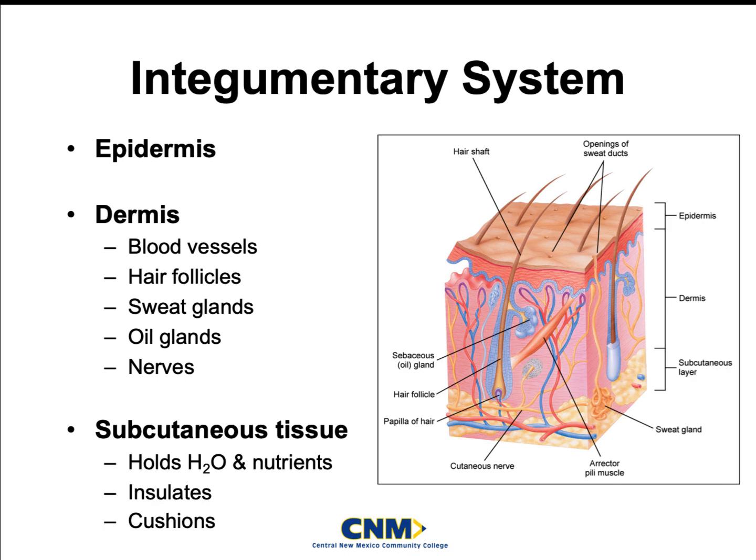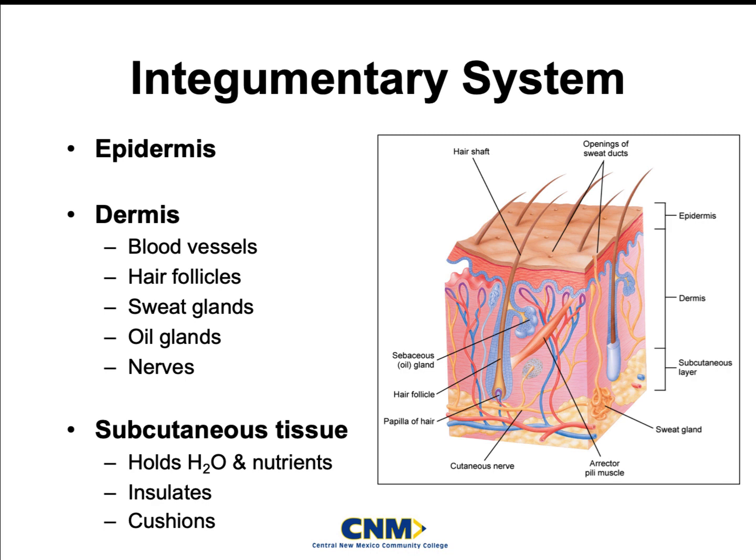The dermis layer of the skin is where all your blood vessels are located, as far as some capillaries and veins and whatnot. Your hair follicles are all there, along with your sweat glands and oil glands. And this is the layer that contains all your nerve endings throughout your skin.